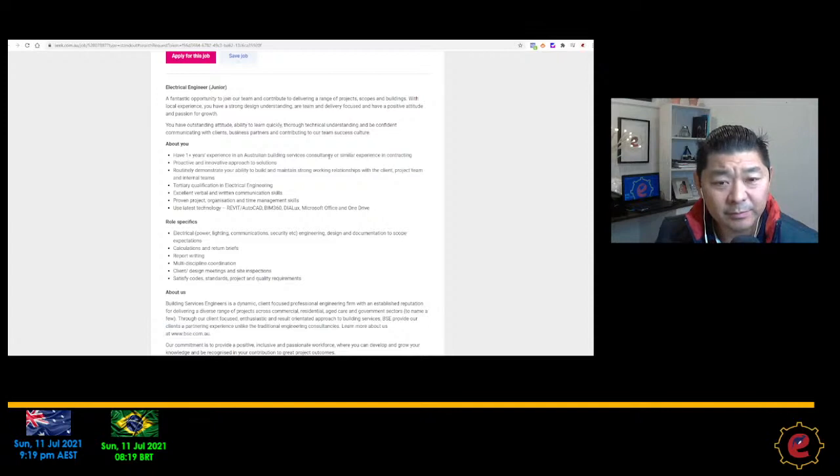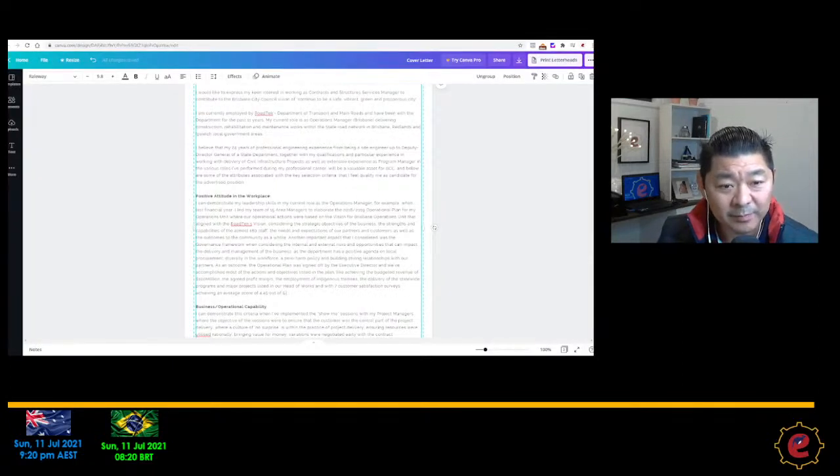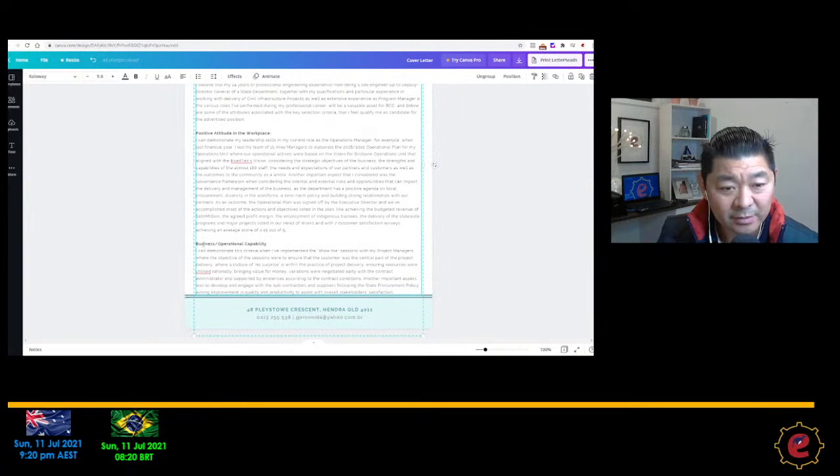The other competency would be, because they talk about the role specific electrical engineering, design and documentation to scope expectations, and they are very specific about power, lighting, communication, security, etc. So probably as a second selection criteria, I would put here electrical engineering knowledge.